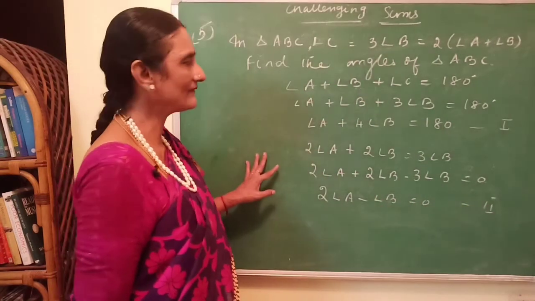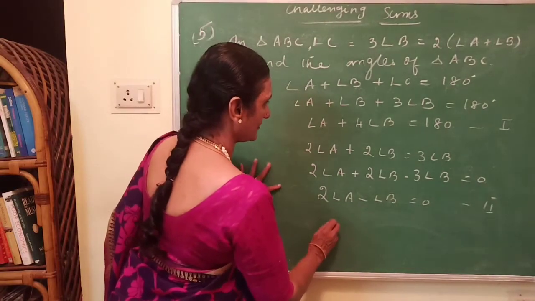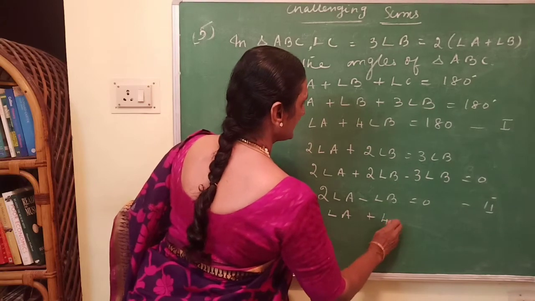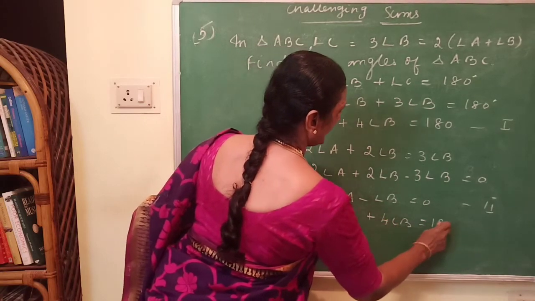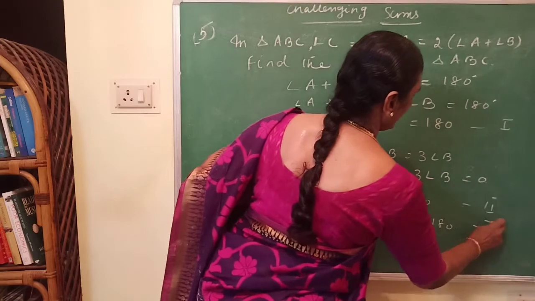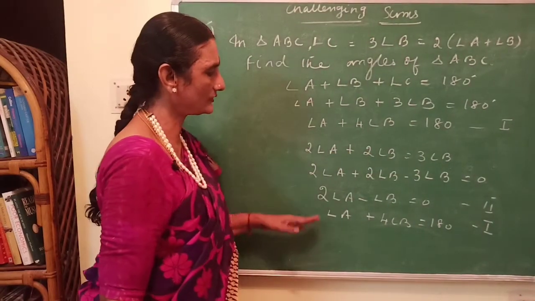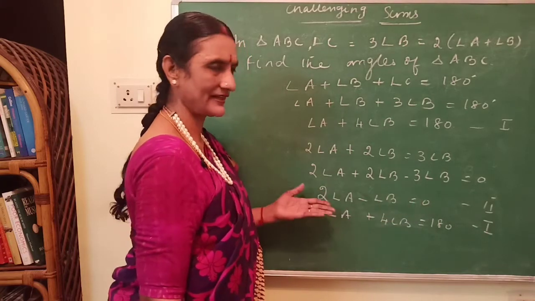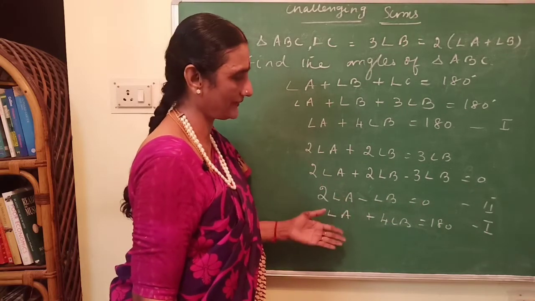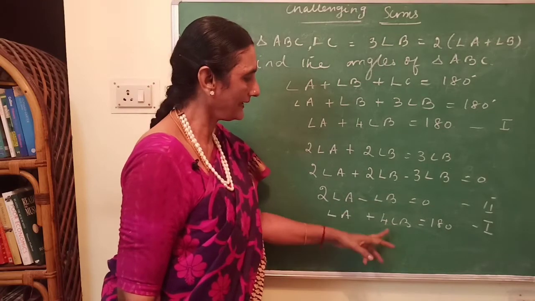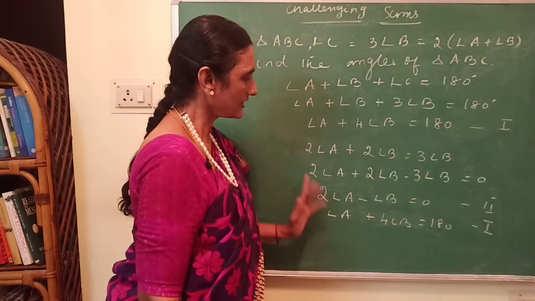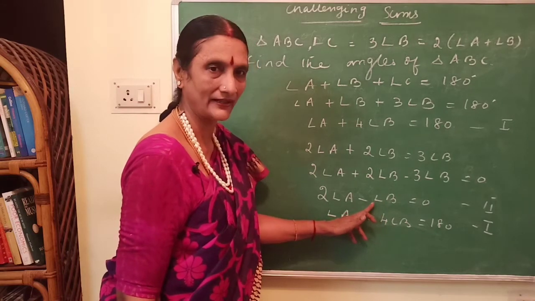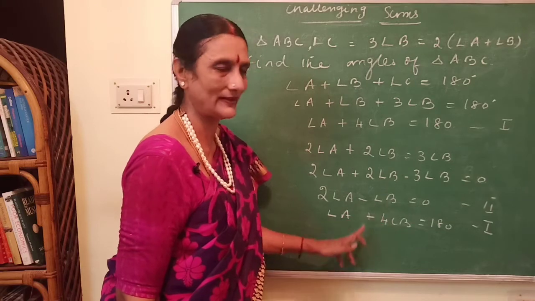Are you understanding? Now, the first equation, once again I will rewrite: angle A plus 4 times angle B is equal to 180. This is equation 1. So how do I do that? I can multiply the first equation or the second equation accordingly, I have to eliminate any one of them. So I have decided to eliminate angle B. Therefore, I should have 4 angle B here, so by simply adding, this will get cancelled.